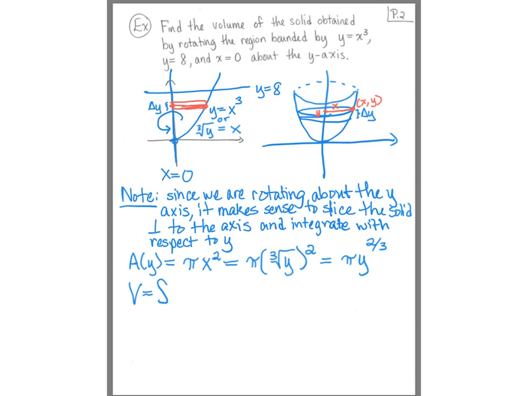So, integrating from 0 to 8 of A of y dy, that's equal to the integral from 0 to 8, where we replace A of y with what we found it to be. Doing that, we get pi times y to the 2/3 dy. Pi is constant, so it can come out of the integral.